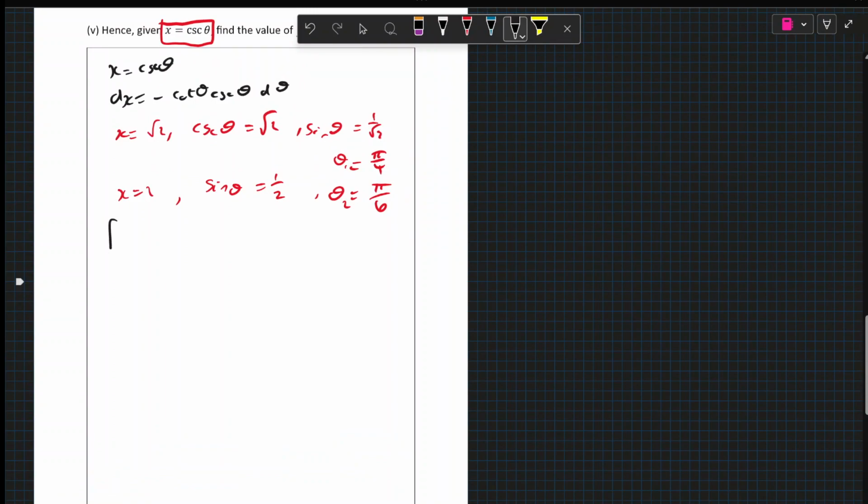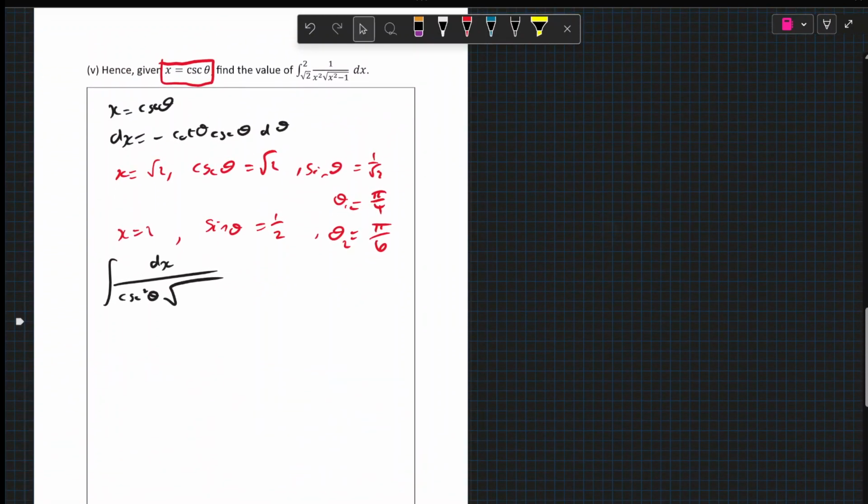So using the substitution and the dx, this is the integral of, I'll write the dx on top, as cosec squared theta times the square root of cosec squared theta minus 1 times our dx substitution, which is negative cot theta cosec theta d theta, and is between pi over 6 and pi over 4.